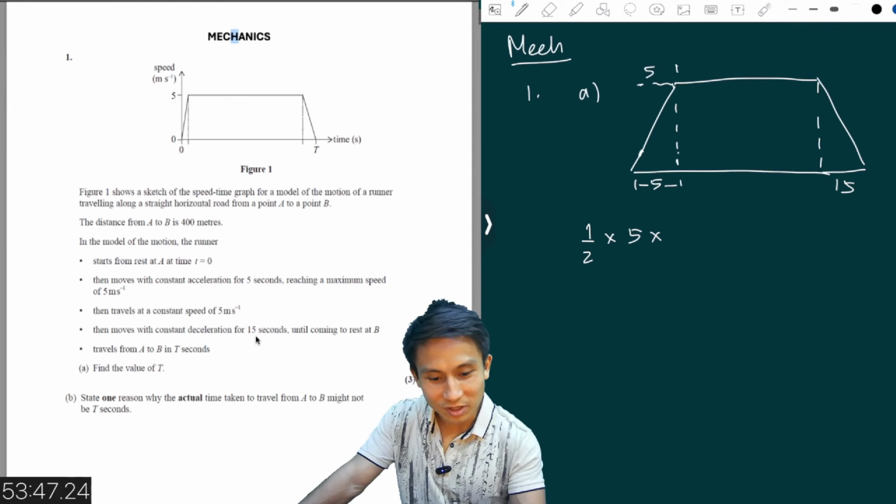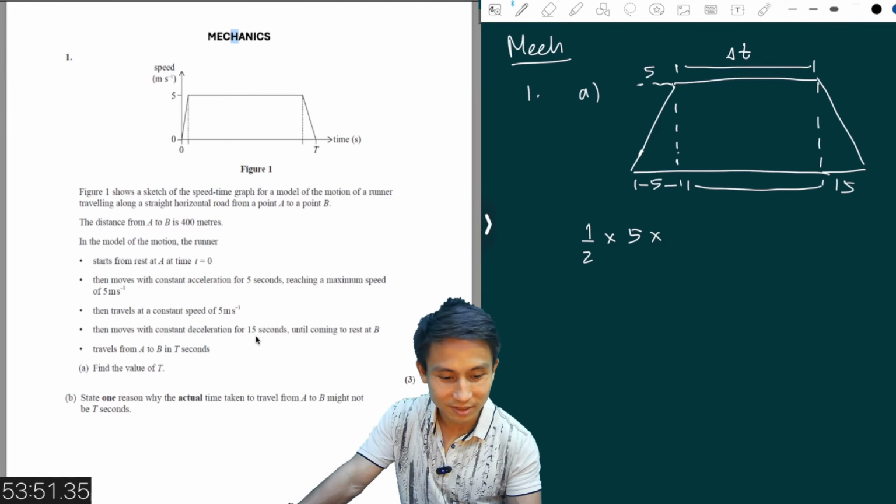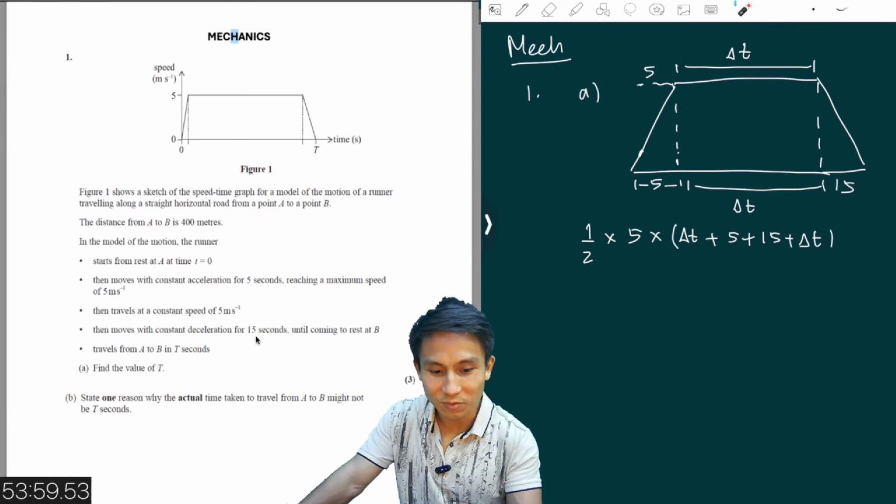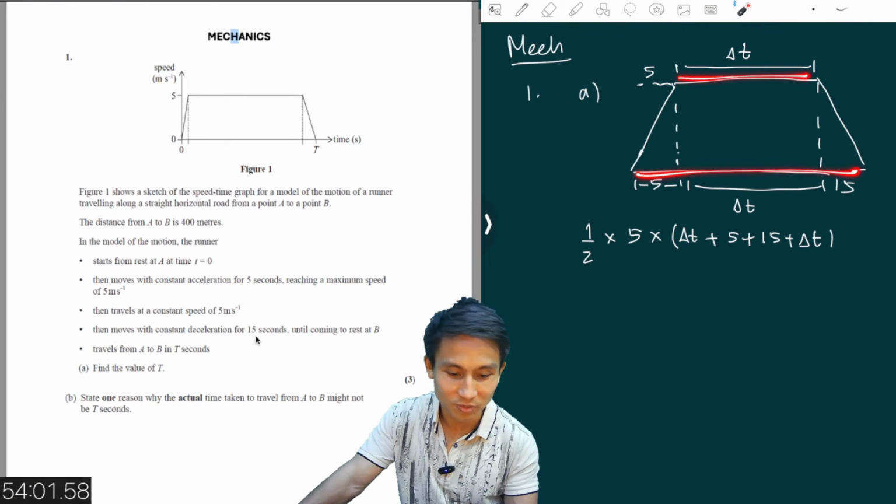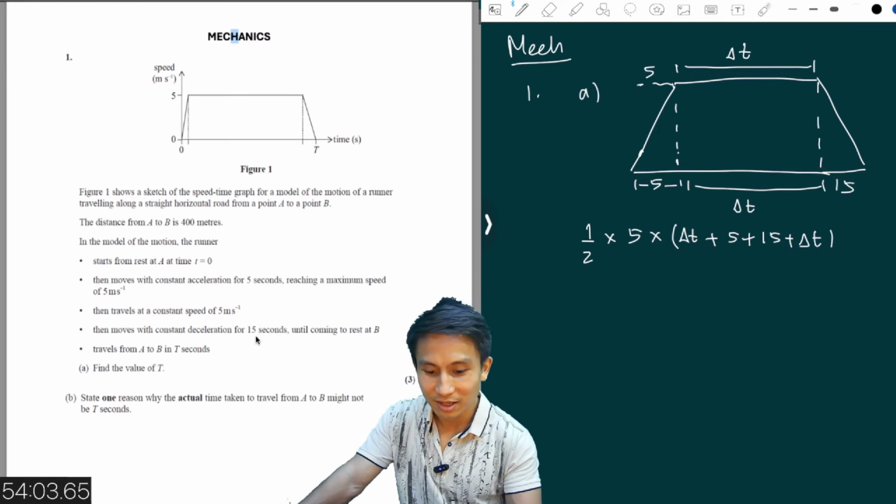Let's say this one is delta t. So it would be delta t plus 5 plus 15 plus delta t, adding up this bit and this whole bit in the brackets, and that should be equated to 400.